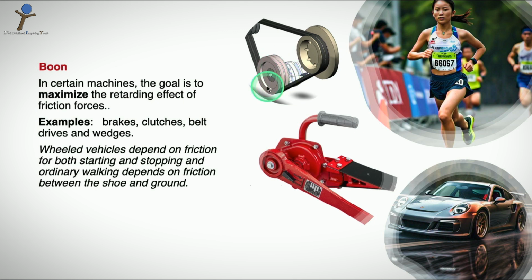So, it is important that friction exists and is maximized to get a better efficiency. Then comes your wedges. Basically, wedges are used to lift the bodies. And here the friction again is a driving force for the function of these wedges. Hence, the frictional force has to be maximized for the better efficiency of the machine.